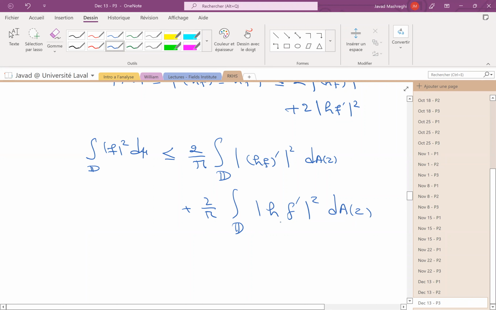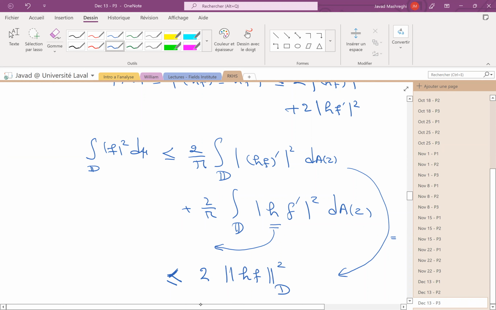I know that h is bounded, so this h I can take it out, and this integral is just the definition of the norm. So for this one, I write less than or equal, but for this part it is just equality: the norm of hf in the Dirichlet space.